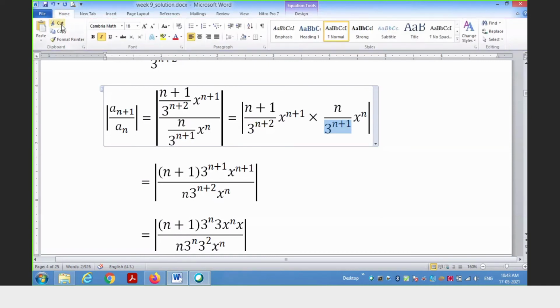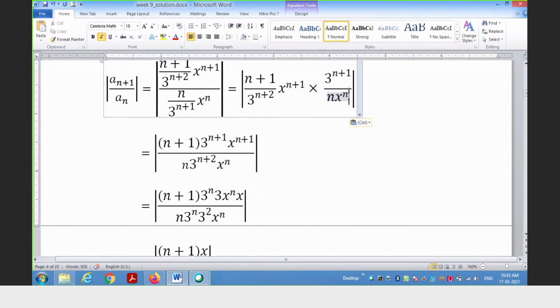That's how you get this term. This times this gets this term, the denominator, and all this times this we will get this.